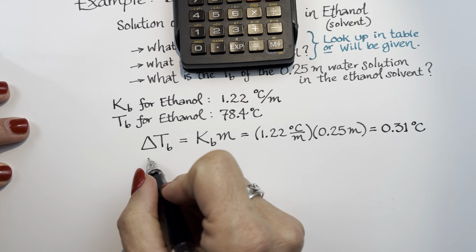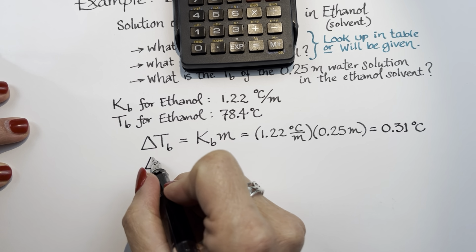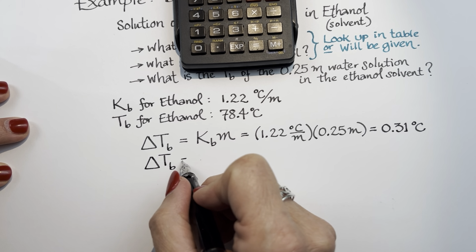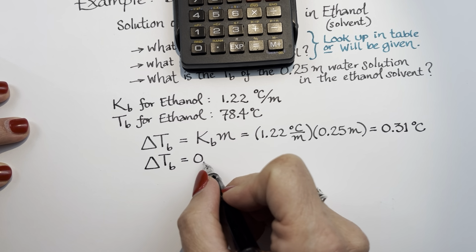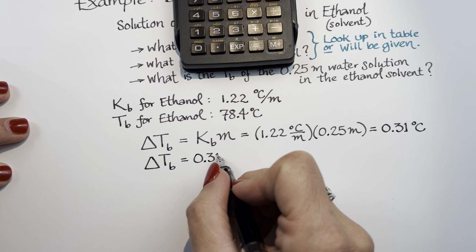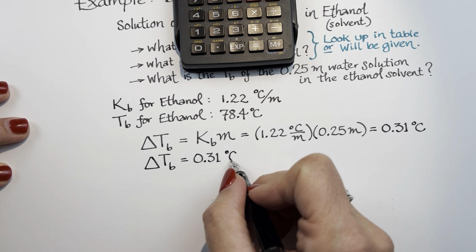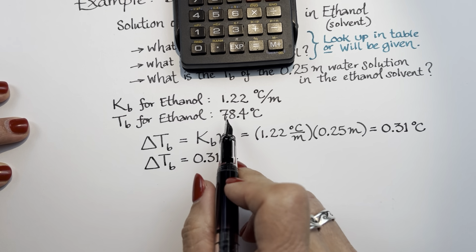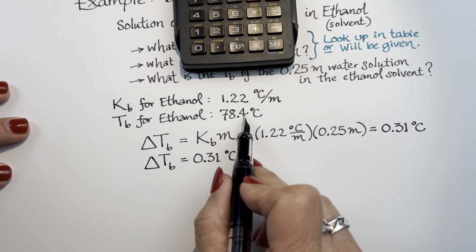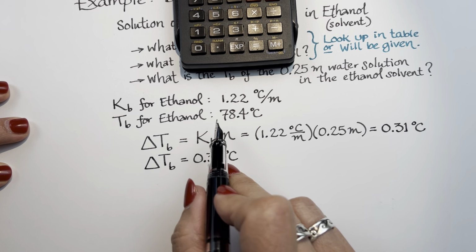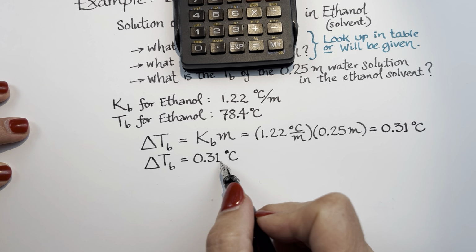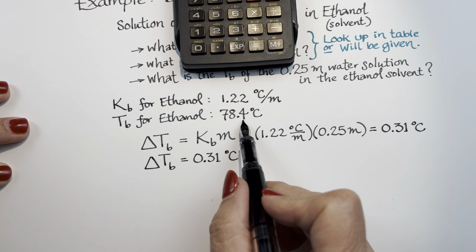Okay, so let's take a look here. What we just figured out is this is the change in temperature. So we need to reason through, is this temperature greater than the normal boiling point of pure ethanol, or is it 0.31 less than the normal boiling point?